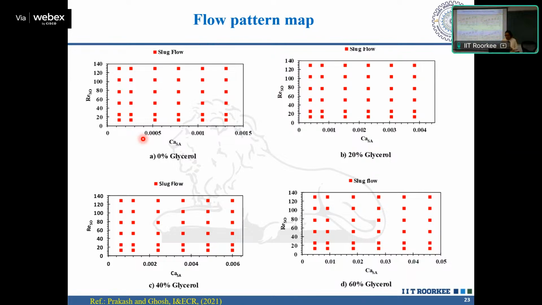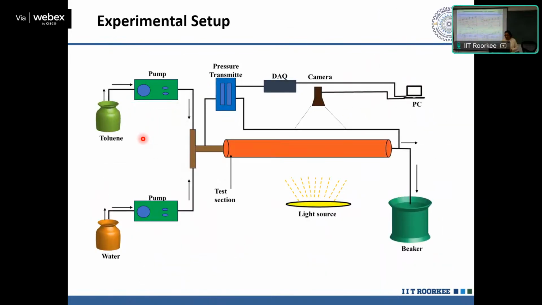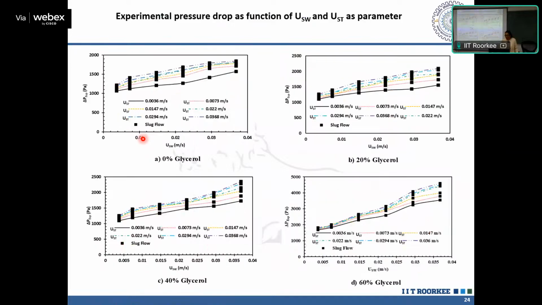And further, how is it affecting? You have seen that there is a pressure transmitter, so the differential pressure drop is being reported here. What is the observation? As the continuous phase becomes more and more viscous, it is expected to raise the pressure drop.